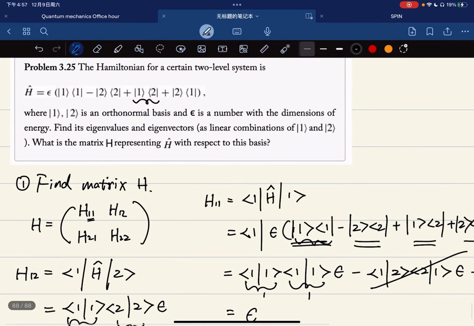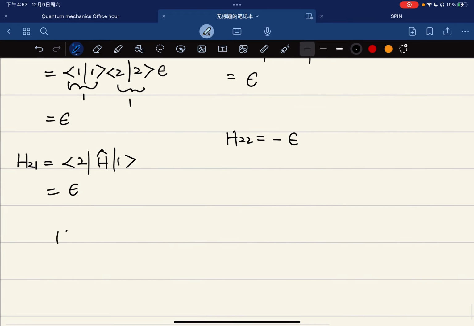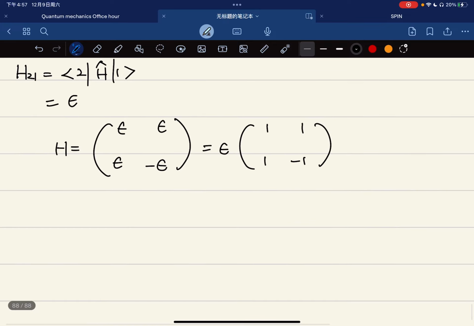Well, the only thing that will give me the constant is this term, and it will be negative small e. Okay, so now I know that the Hamiltonian matrix is small e times this one, and negative e. I can write it in this form: 1, 1, 1, negative 1. So now I already have the Hamiltonian matrix.